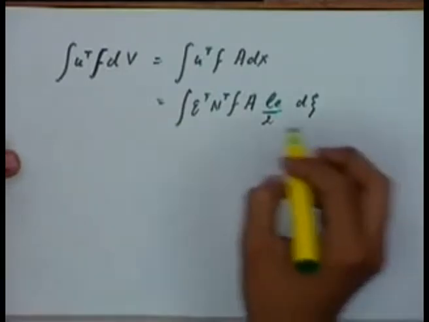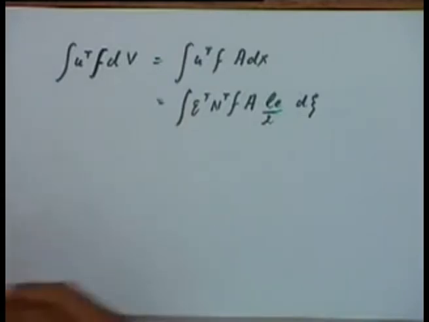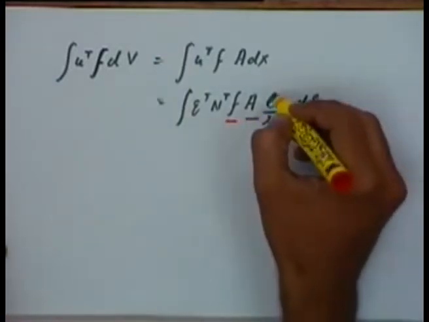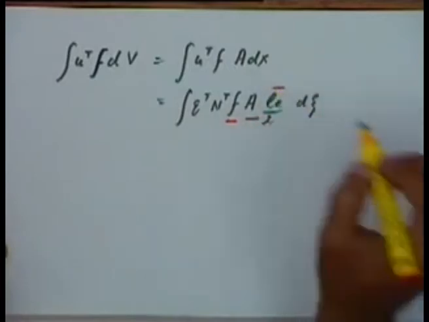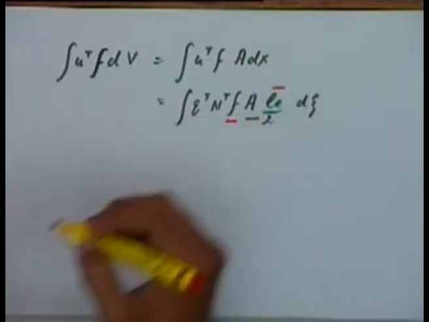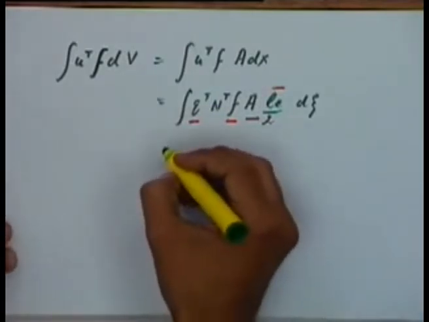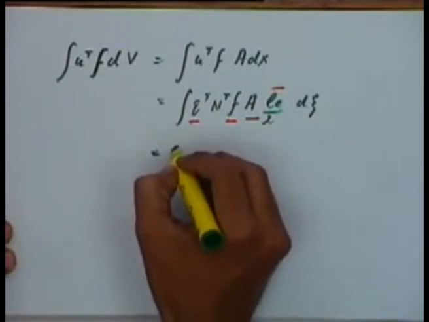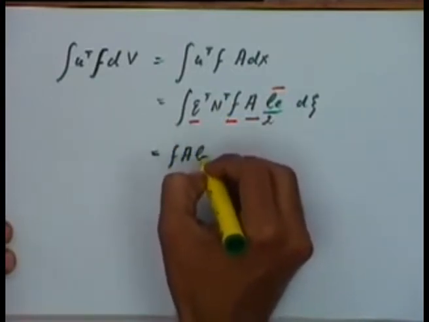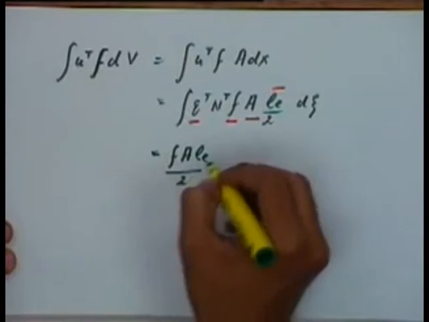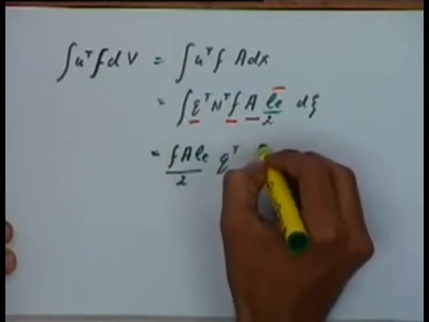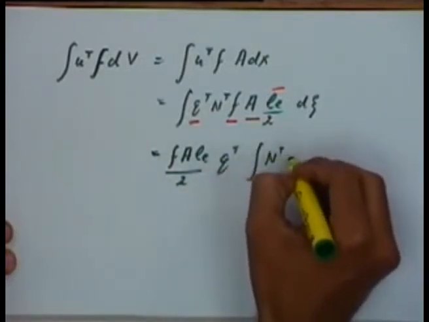Of these, F is a constant, A is a constant, length is a constant. All these terms I will take out, and of course Q transpose is also a constant. So, if I take these terms out, this will be equal to F A LE by 2 into Q transpose into the integral of n transpose d zeta.